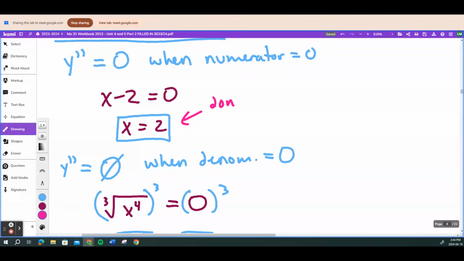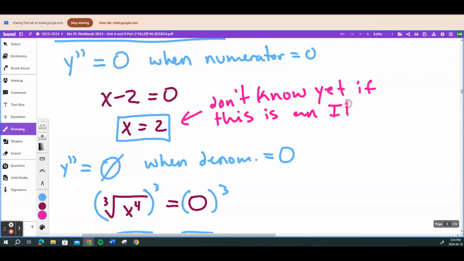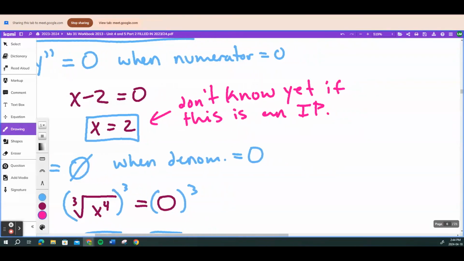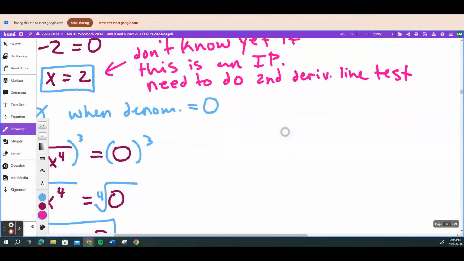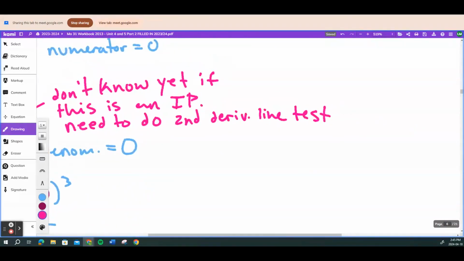Don't know yet if this is an inflection point. Need to do second derivative line test, or line analysis, maybe I should say.